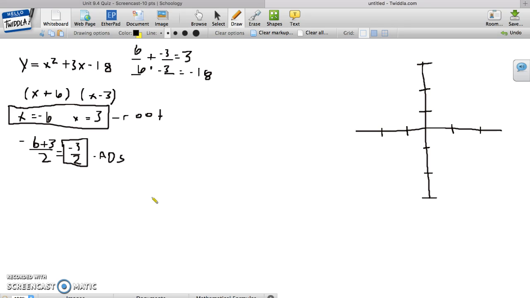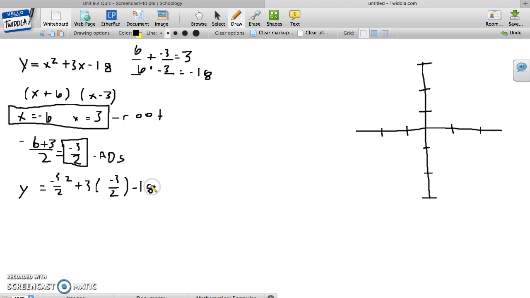So we have that now, and now we can plug the x into the x variables of our equation. So now you have y equals negative 3 over 2 squared plus 3 times negative 3 over 2, and then minus 18.